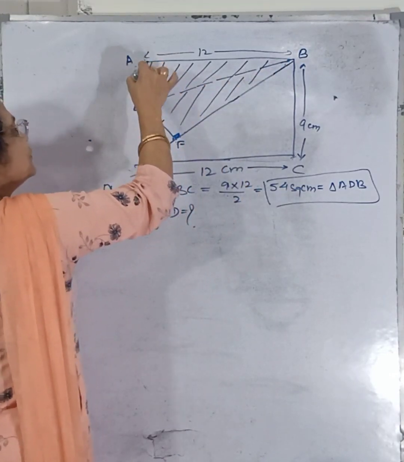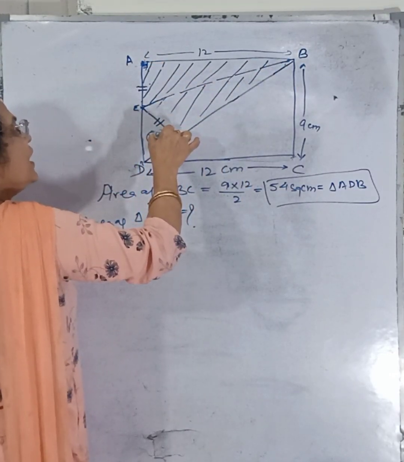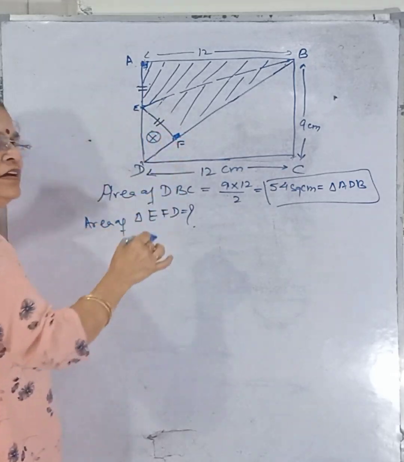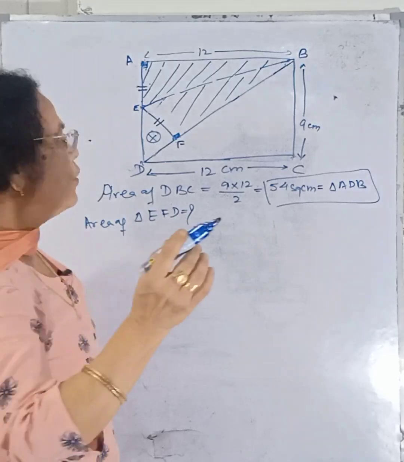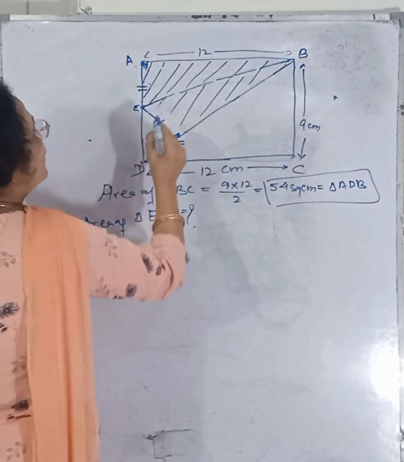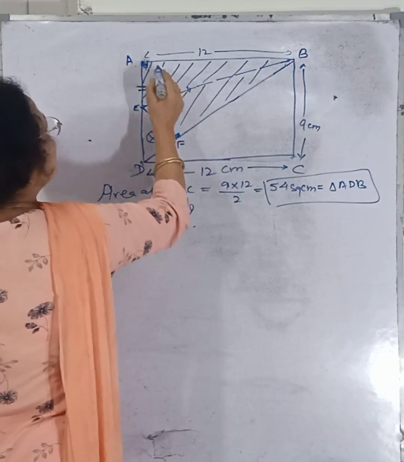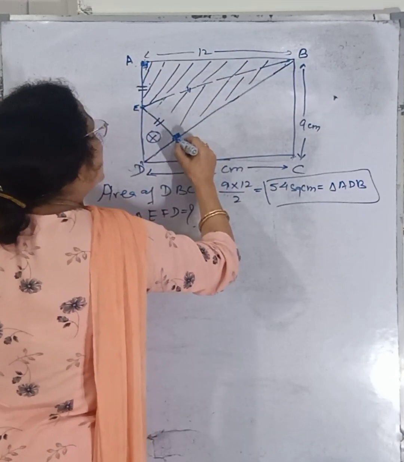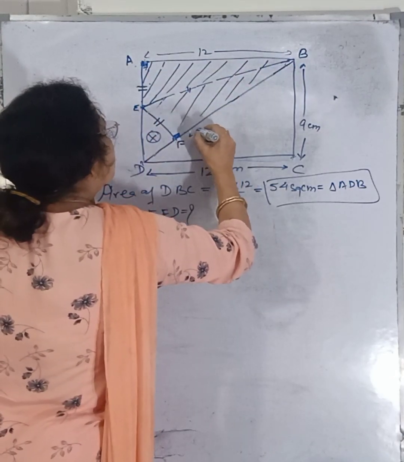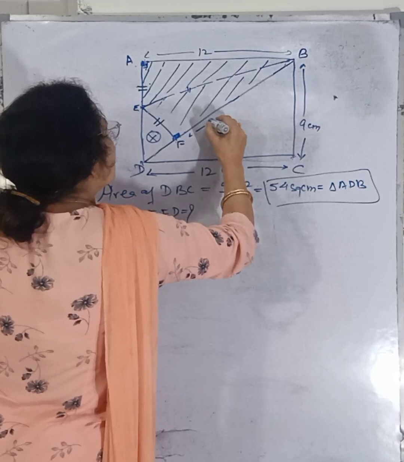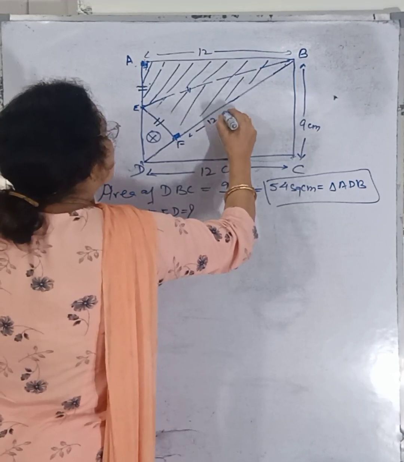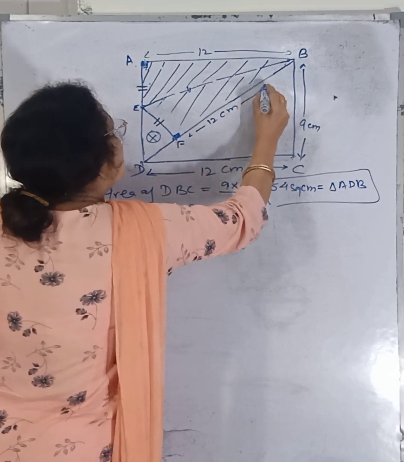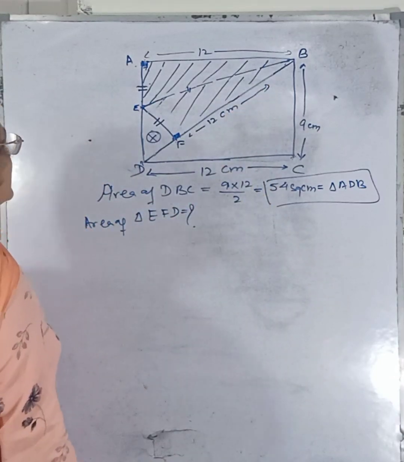This angle is equal to this angle. It means they are congruent triangles. It means this arm AB will be equal to FB. Because AB is 12, FB is also 12 centimeter.